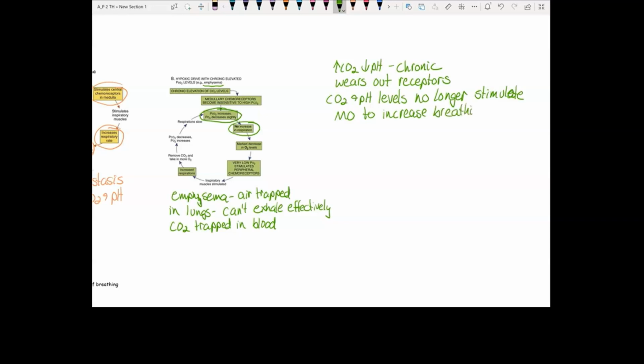So you're sitting here, you have high carbon dioxide and low pH, but you don't breathe more to fix it.